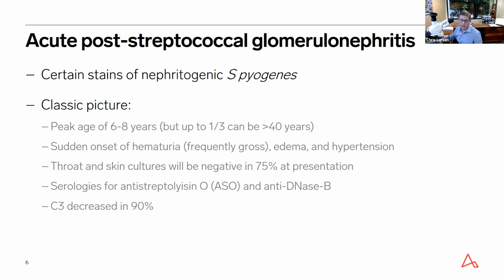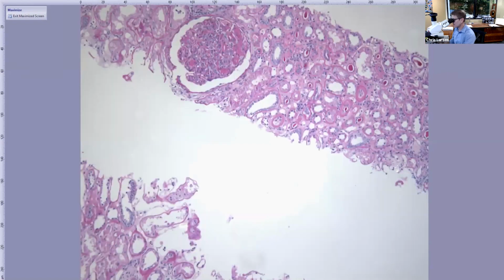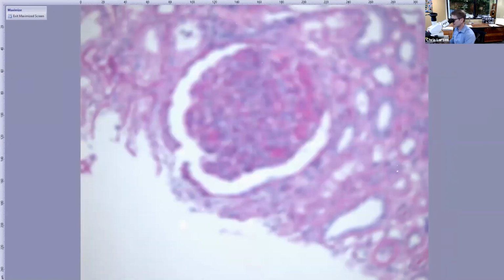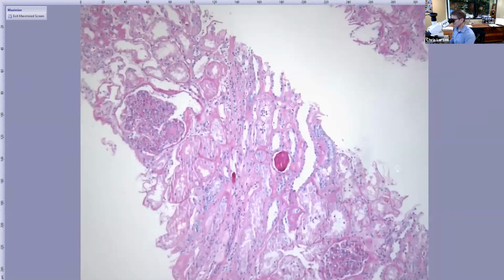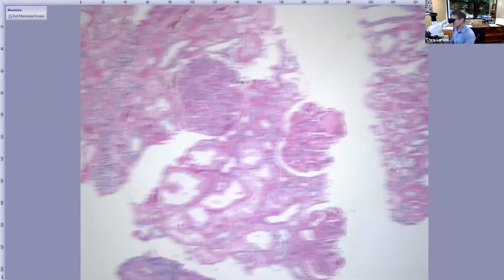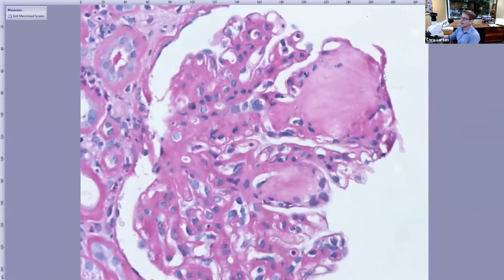So I'll show you a biopsy to illustrate the adult with a post-infectious glomerulonephritis. This was actually a classic diabetic type biopsy. You can see here severe nodular mesangial expansion. So that's a Kimmelstiel-Wilson nodule.